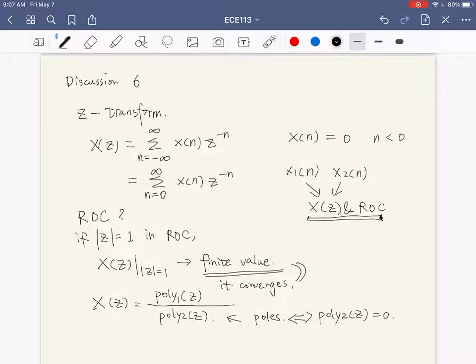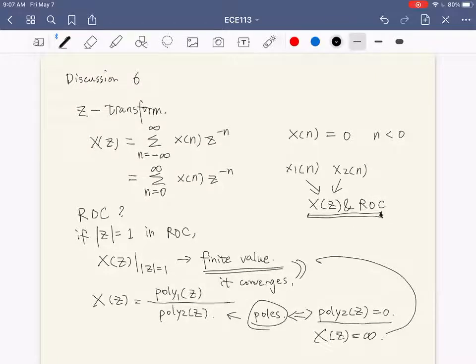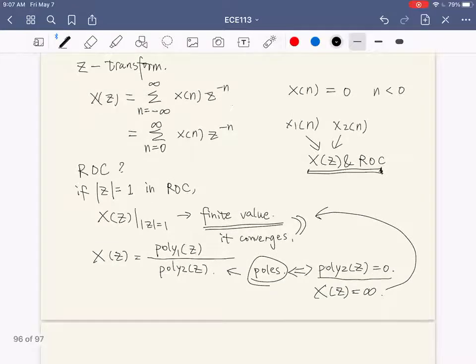So when z equals the value of a pole, poly 2 will be 0 and X(z) will be infinity. And back to here, when X(z) equals infinity, that means it cannot have a finite value, right? So it cannot converge at the position of poles. Therefore, as long as we find the positions of all the poles, we can determine the ROC.